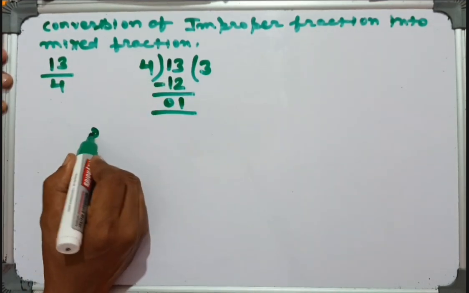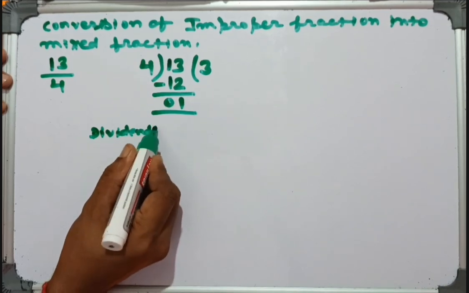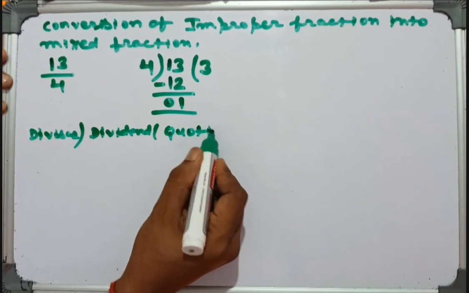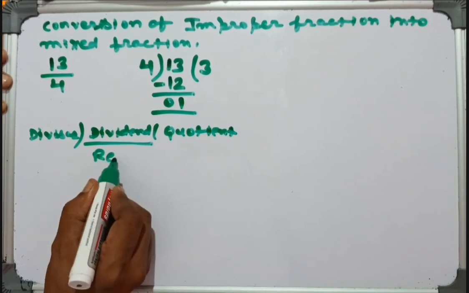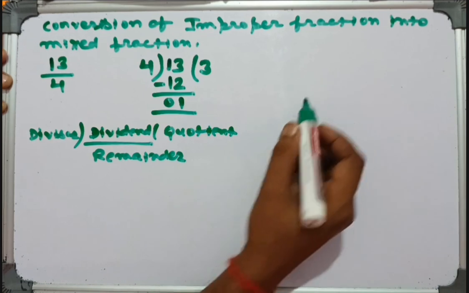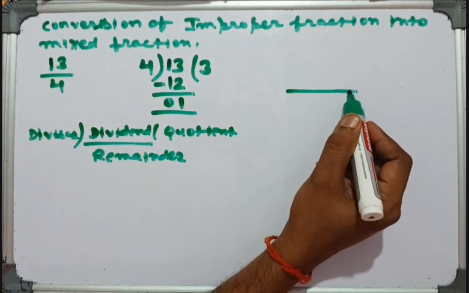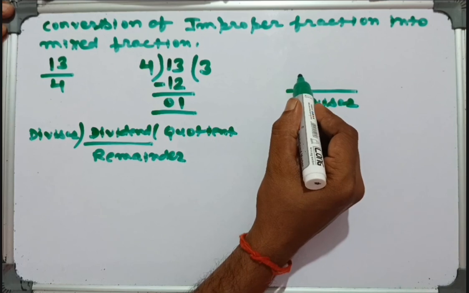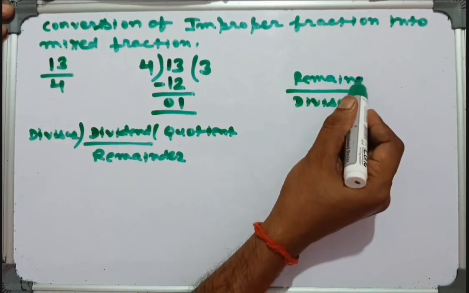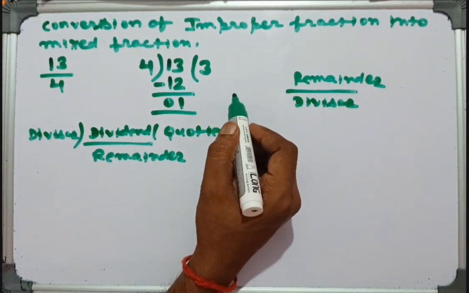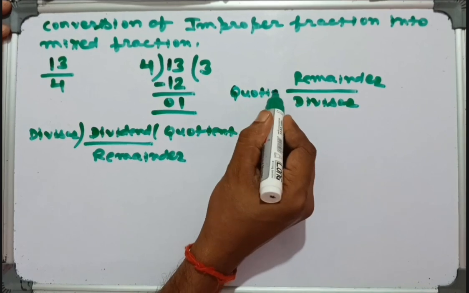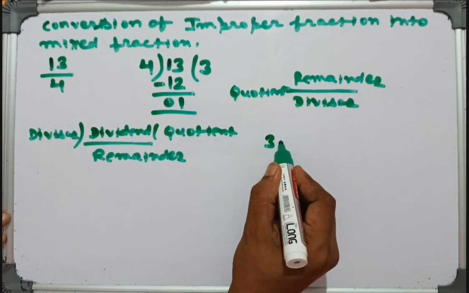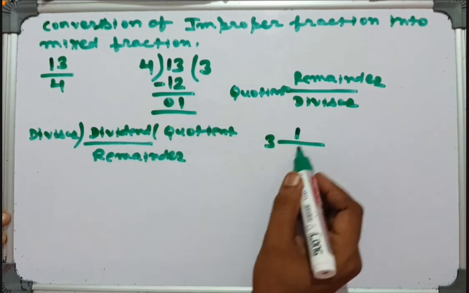Here we write the dividend, here the divisor, here the quotient, and here the remainder. So we write the divisor in the denominator, here we write the remainder, and here we write the quotient.